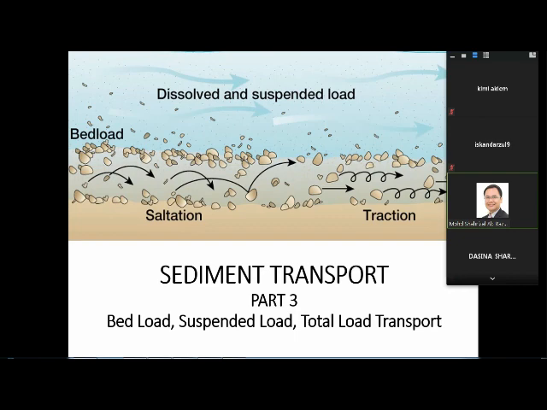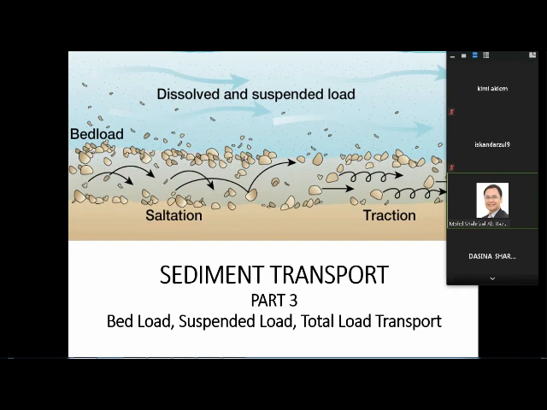So kalau you tengok dia punya arrow ni, this is the process of the bed load. It can jump, it can roll, and also it can slide, because of the slope of the bed.